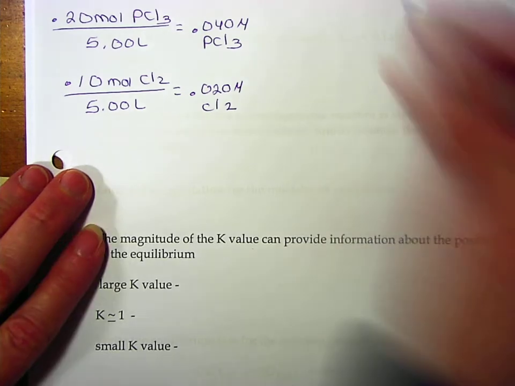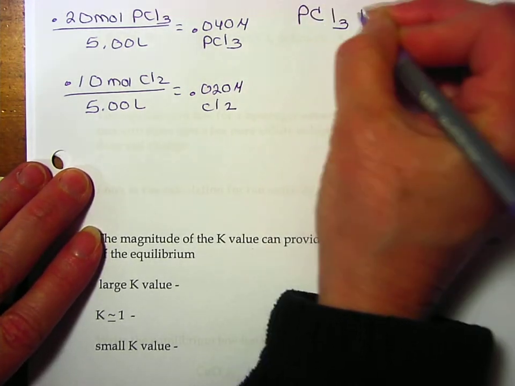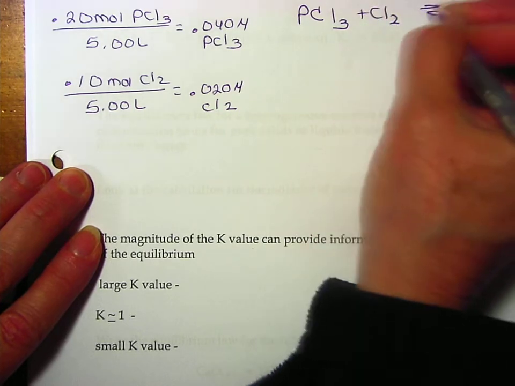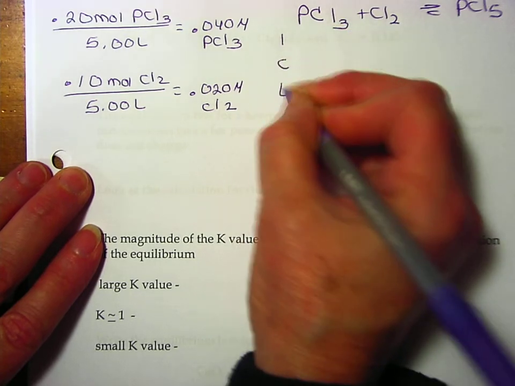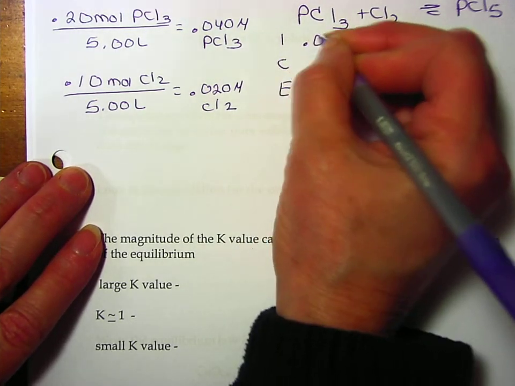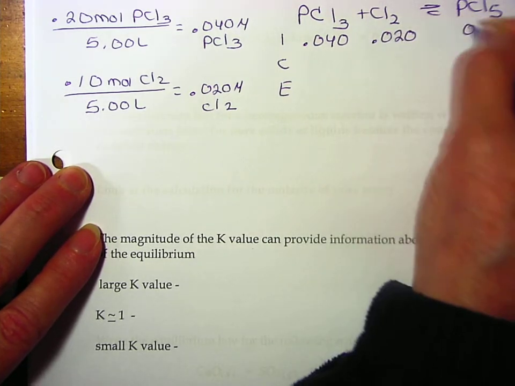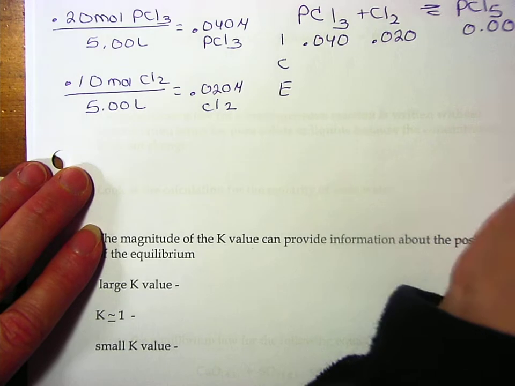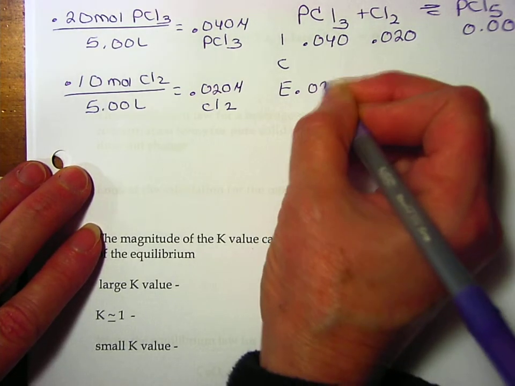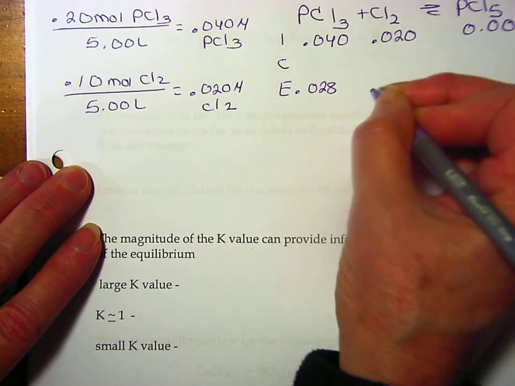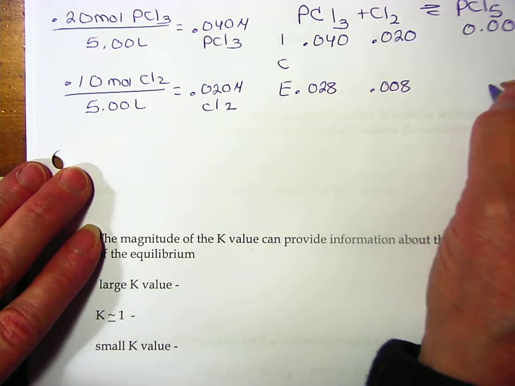So now I go ahead and write my equilibrium expression. PCl3 plus chlorine is in equilibrium with PCl5. Setting up my ICE chart, I have 0.040 molar, 0.020 molar, and 0. At equilibrium, I have 0.028 molar, 0.008 molar, and this is unknown.